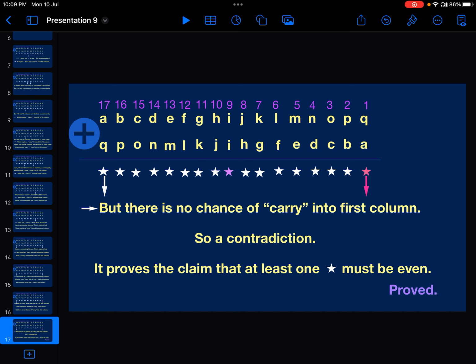So this is the solution of today's logical mathematics. The problem is based on a very junior class level, but the technique of the proof is very interesting.